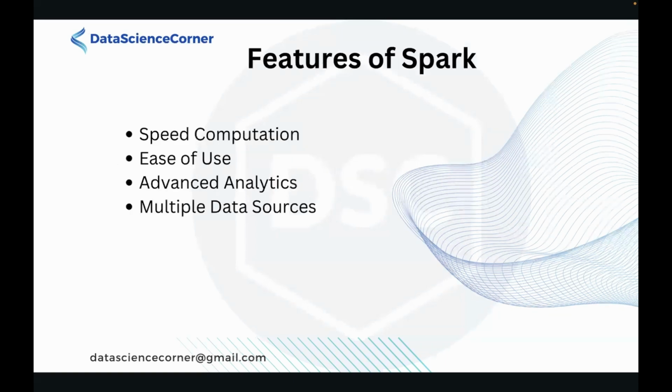Now let's look into the features of Spark. Speed of computation. Spark is capable of running applications up to 100 times faster than Hadoop for large-scale data processing, and up to 10 times faster when running on disk, thanks to its in-memory computation.